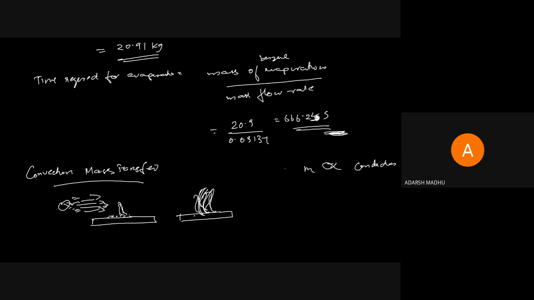The same process and the same principle is adopted in convection mass transfer. So the element being removed is mass; mass is reduced by using convection. This happens when two bodies are in motion with each other, or one body is stationary and another is moving over it. This is the condition for mass transfer.